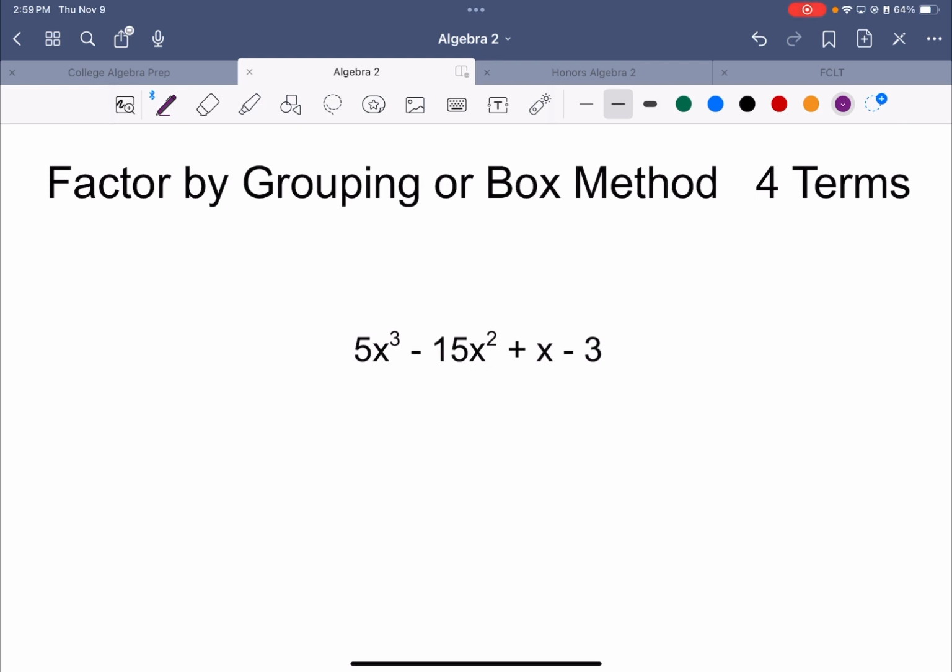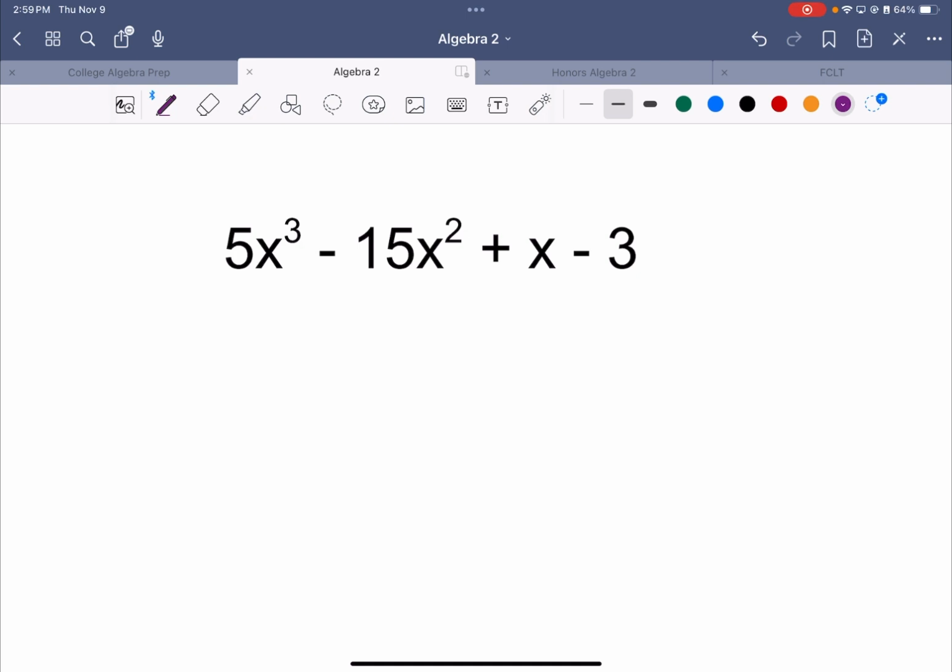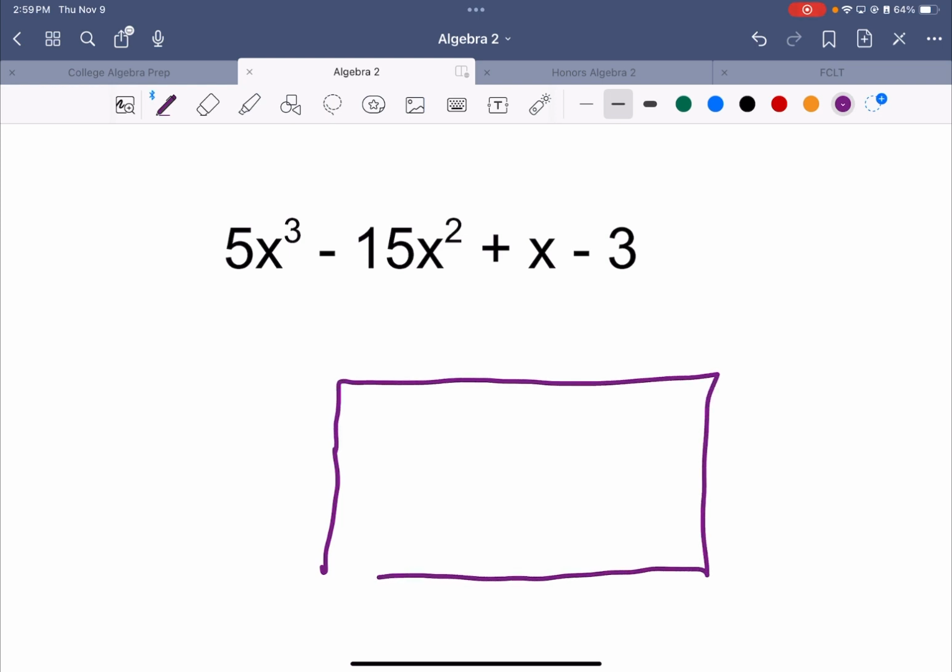Anytime you have 4 terms, and they're all different, you can't combine them. We're going to factor by grouping, or using what we call the box method. So it's exactly what it says. If we have 5x cubed minus 15x squared plus x minus 3, we are going to create something like a Punnett square.